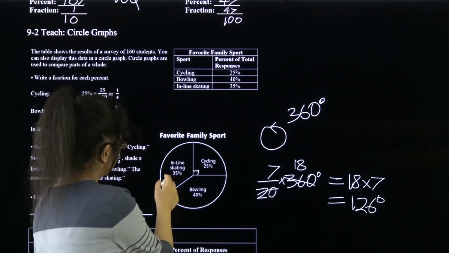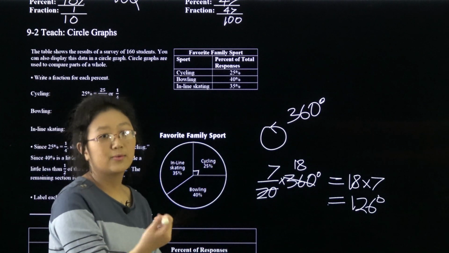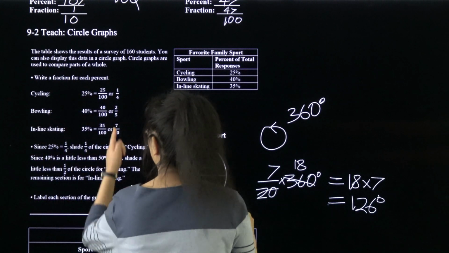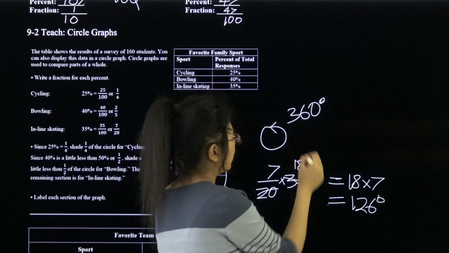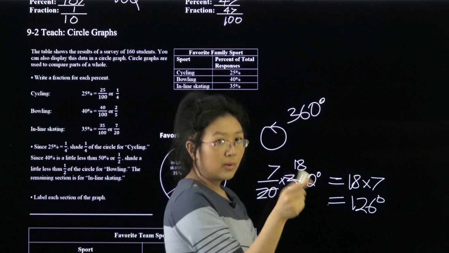So 35% would be 126 degrees, which you could measure out with a protractor. And for 2/5, well, what's 2/5 of 360? 144 degrees.